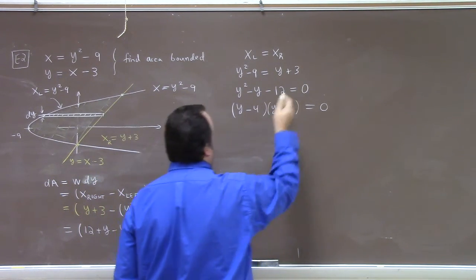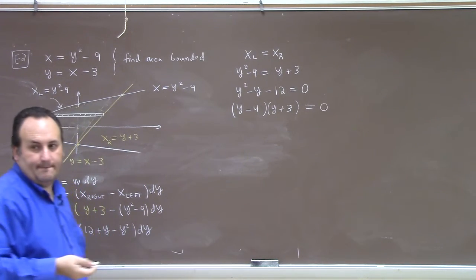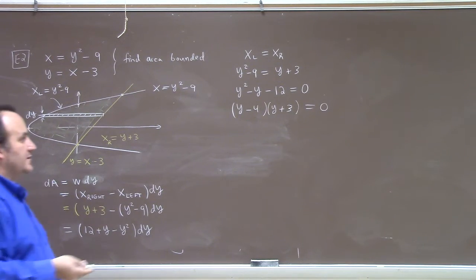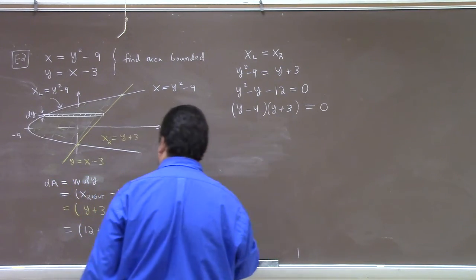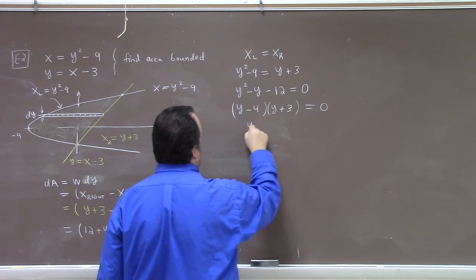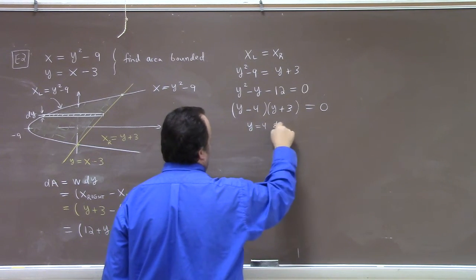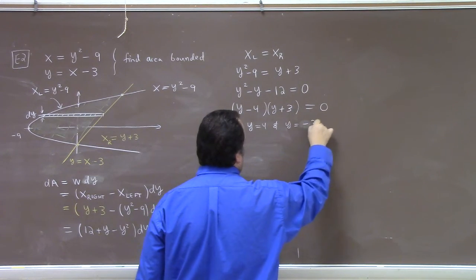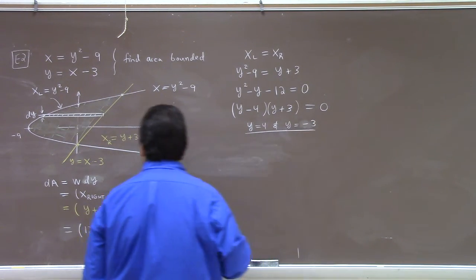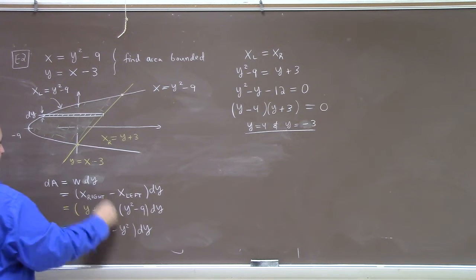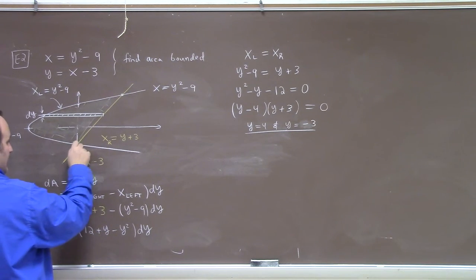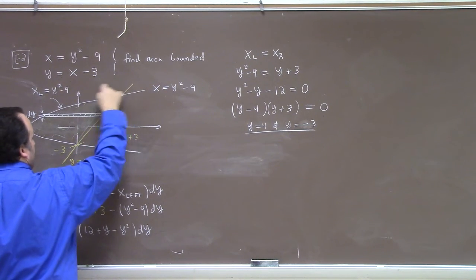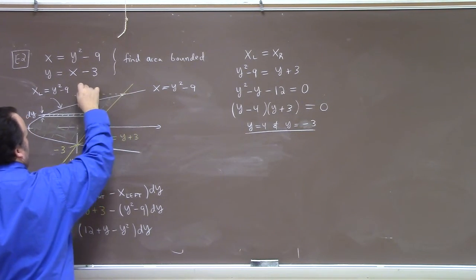Yeah, that works. So looks like we've got y equals 4 and y equals minus 3 as our points of intersection, right? In other words, this was, right here, at minus 3, and this guy up here is at 4.